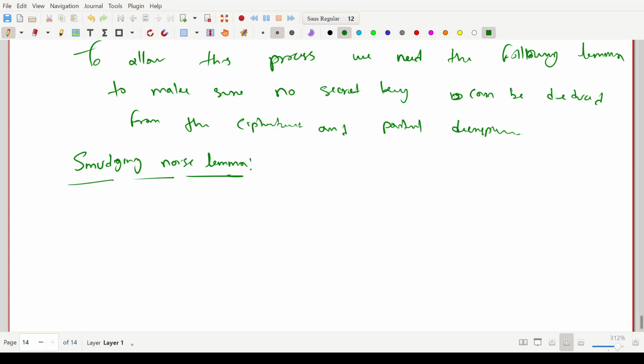What this lemma says is that, for I1 and I2 positive integers, say E1 belongs to minus I1 to I1, and say E1 is a fixed integer.